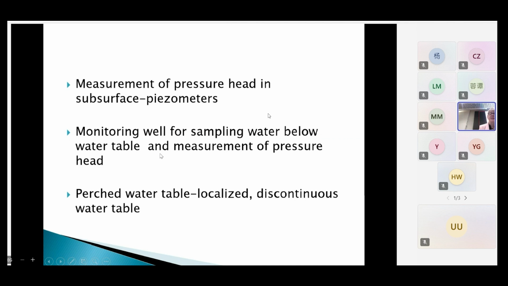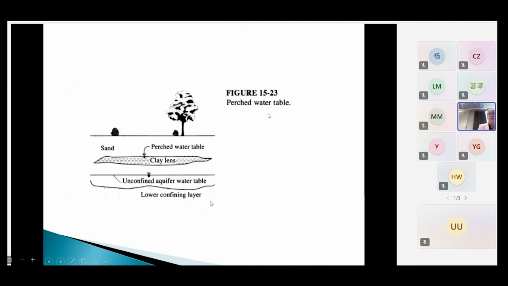So for the water level, as I say, you tend to use the pressure head with these piezometers, so they'll give you an idea where the water table is and where the water is located. You can get an unconfined water table, which is the normal situation.